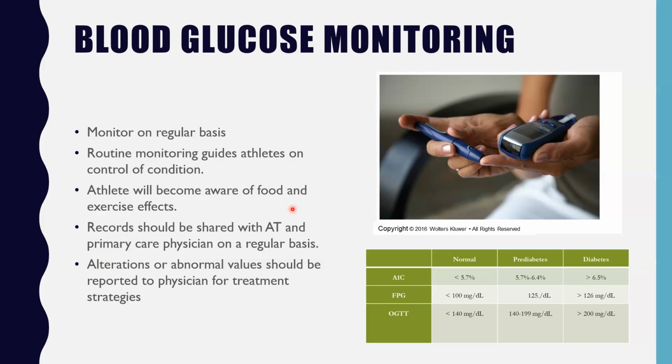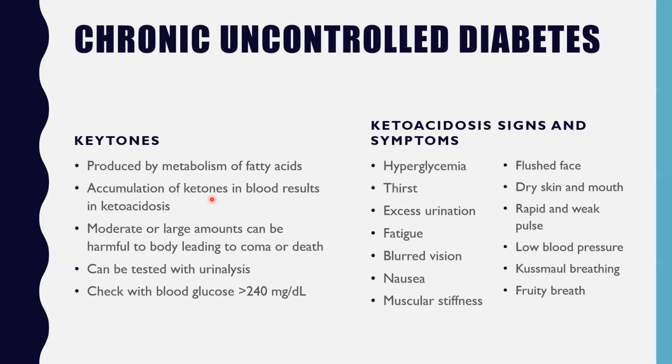So if there are abnormal values, that means that we're not having good control of our diabetes. And so we need to work with the personal physician for the athlete and work on different plans with that. And we'll look at how that can occur here in a second.